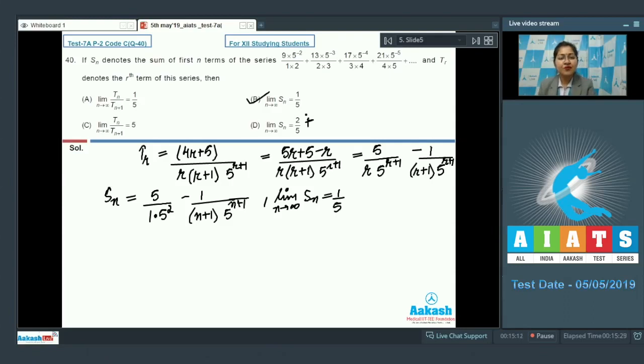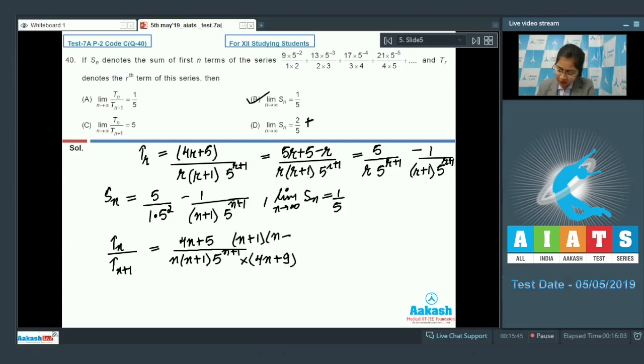Now we have to find the limit of Tn upon Tn plus 1. So Tn upon Tn plus 1 will be equal to 4n plus 5 divided by n multiplied with (n plus 1) into 5 raised to the power n plus 1, multiplied with 4 into (n plus 1), that is 4n plus 9, and in the numerator we will get (n plus 1) into (n plus 2) into 5 raised to the power n plus 2.